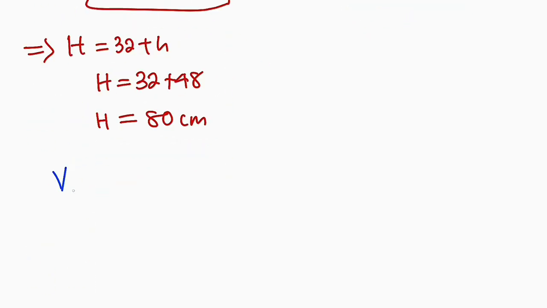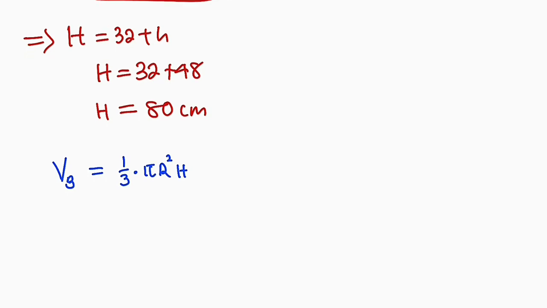The volume of the big cone, let me say V sub B, is equal to one-third multiplied by the volume of a cylinder, and the volume of a cylinder is pi r squared H. Remember we are using capital letters for the bigger cone.